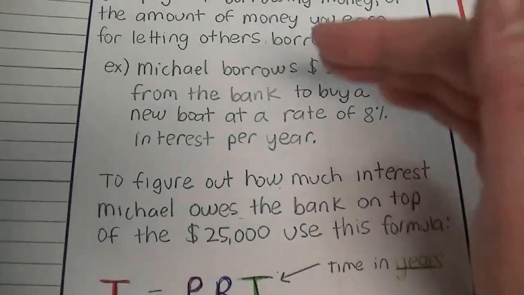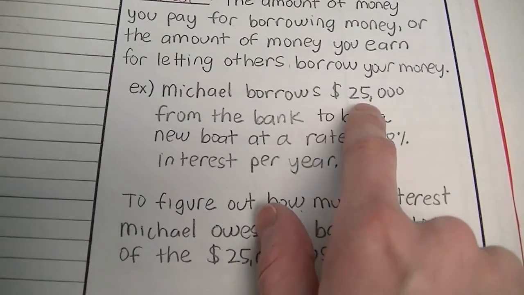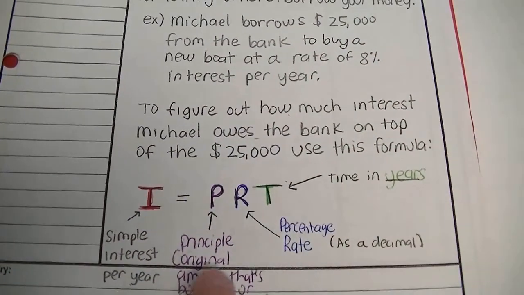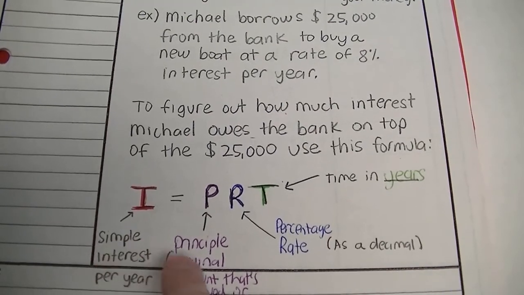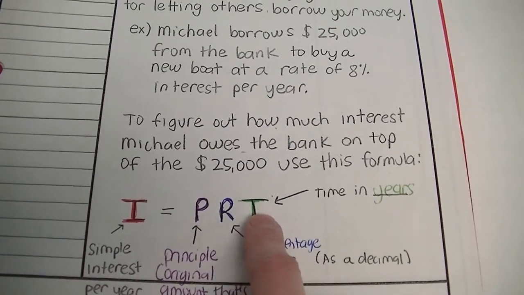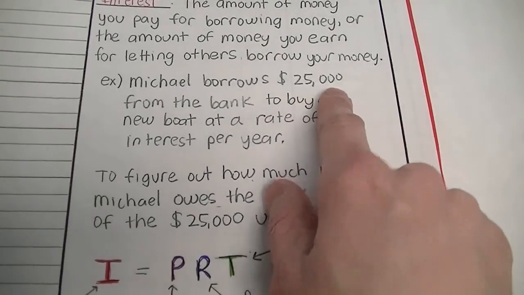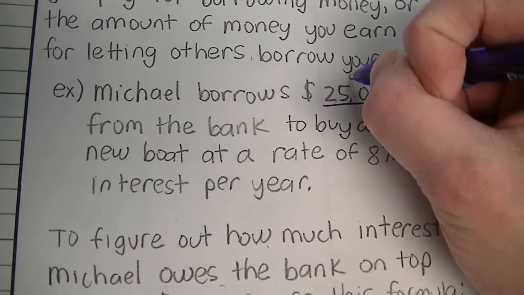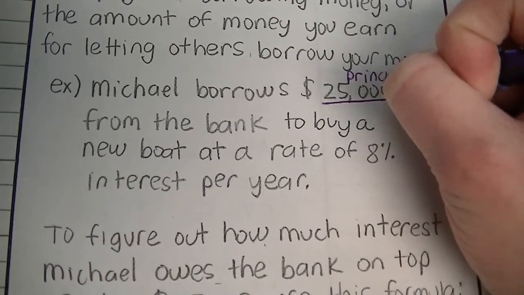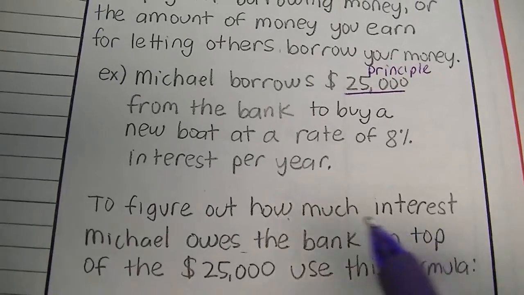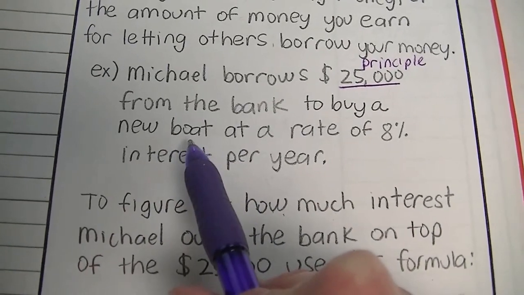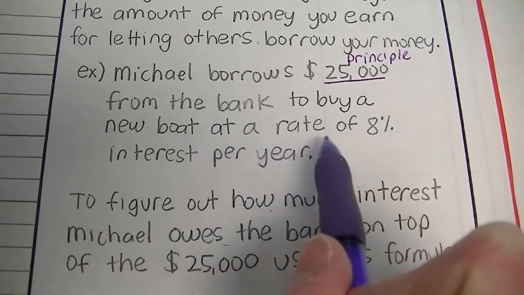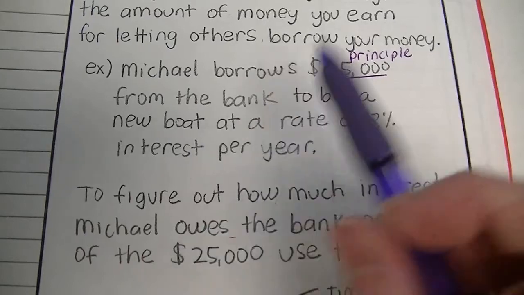So let's refer back to our example up here. Michael borrows $25,000 from the bank. So that $25,000, is that the interest, the principal, the percentage rate, or the time in years? Well, that right there, that's the principal. That's the original amount that Michael borrowed. So you're going to go ahead and label that. And he wants to buy a boat, and the bank is going to charge him a rate of 8% interest per year.